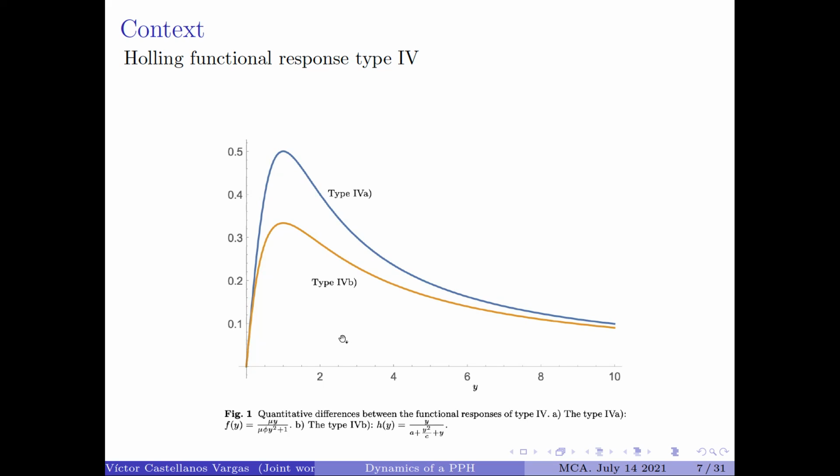The functional response of type 4 was introduced by the British scientist Haldane in the context of enzymology. Then the problem here is based on considering the functional response of type 4. The form of this function is as shown in the picture.